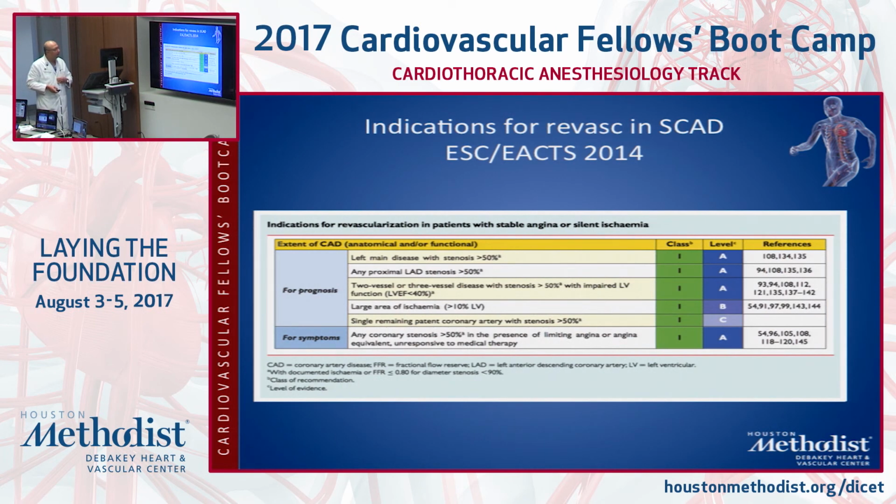So if you look at the guidelines for revascularization from the European Society of Cardiology, indications for revascularization in patients with stable angina or silent ischemia, there's a class 1 recommendation for left main disease, any proximal LAD greater than 50, 2 vessel or 3 vessel disease, greater than 10% ischemia on a nuclear test, and patients with a single remaining patent coronary artery.